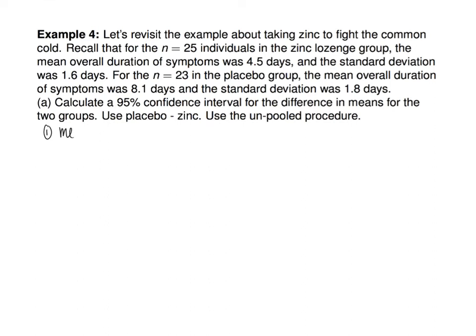First find the mean, x1 bar minus x2 bar. So placebo minus zinc: the placebo's average cold length was 8.1 days, minus zinc's, which is 4.5, works out to be 3.6. Next, find the standard error.